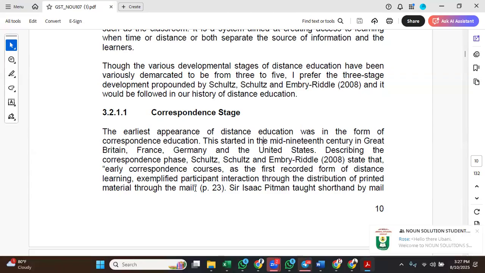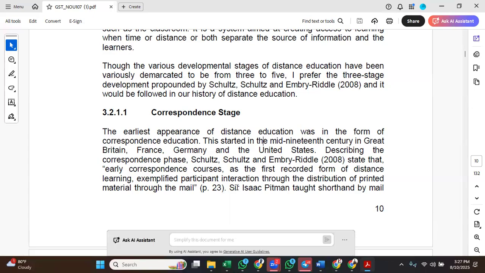If I want to teach you something, I will write it down as a book, print it maybe as a journal, then send it to you as a mail. Then you as a student read it to gain the knowledge. That was the method they were using during the correspondence stage. That means I write a letter to my student containing the lecture I want to give them. Then they read the letter and probably send another letter back to me for correspondence.